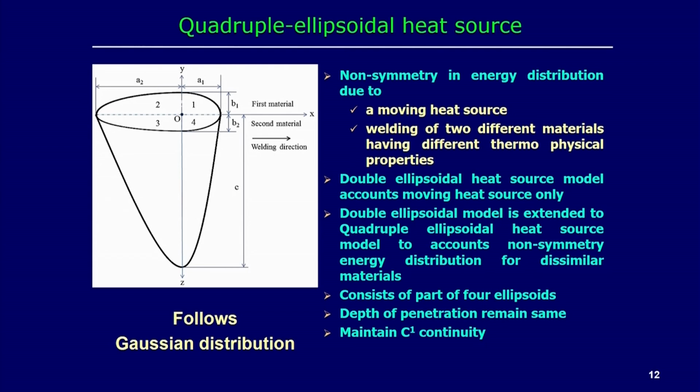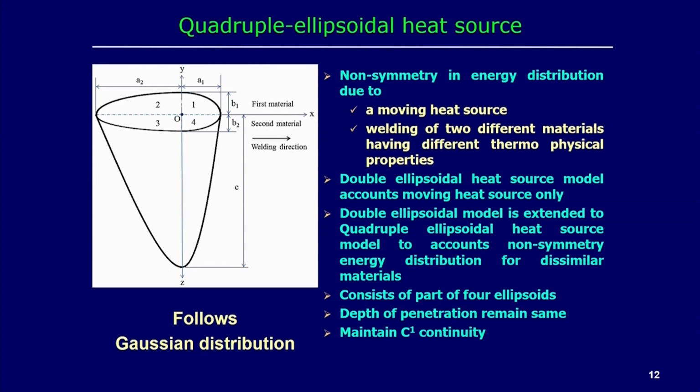Since the two materials have variation in thermophysical properties, a non-symmetric energy distribution will occur between these two metals. This is one way to represent the heat source, or to bring the difference into the heat source model. That is why the dimensions of the ellipsoid parameters in the first material and the other material will be different in this case.